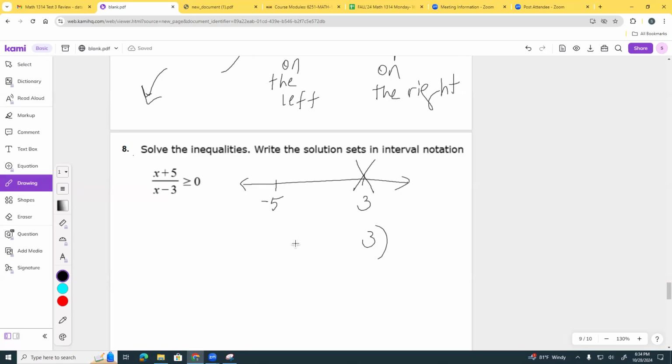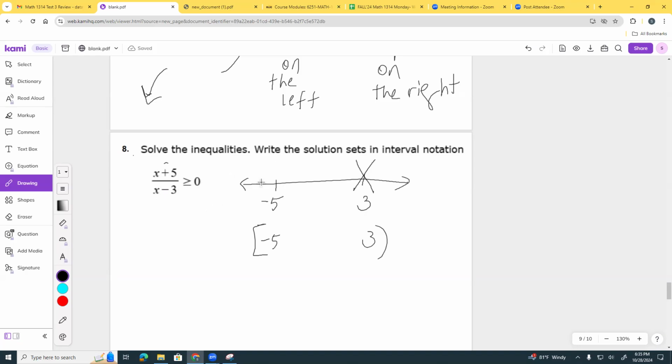What about -5? We want this to be 0 or greater than 0. If -5 makes it 0, am I allowed to use -5? Yes, so -5 has to use a bracket instead of a parenthesis because we are allowed to use it.